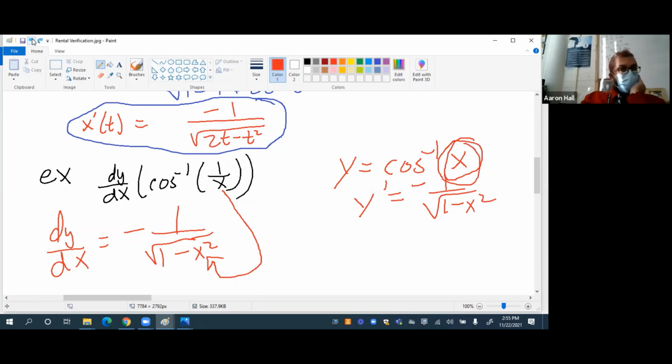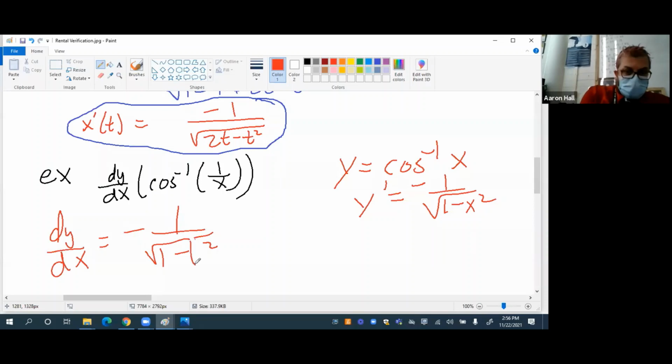So that x needs, remember we take the derivative of the outside function times the derivative of the inside function? Andrew? Yeah. So what goes here instead of the x? Yeah. So that's taking the derivative of the outside function times.